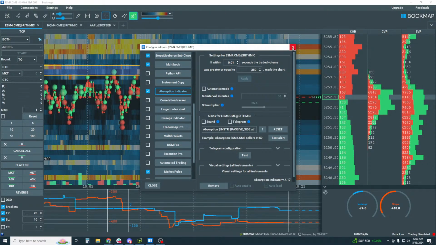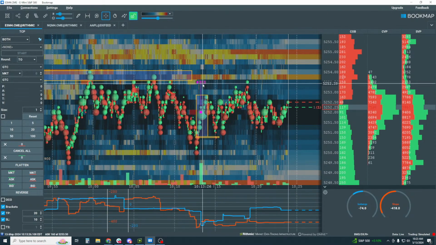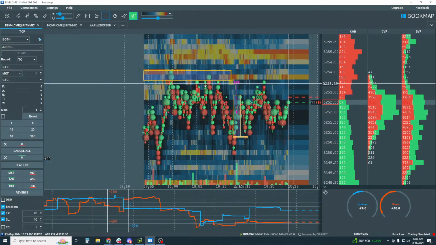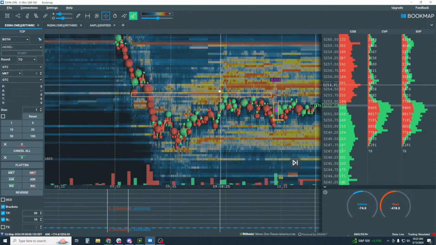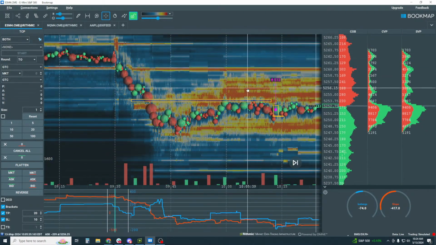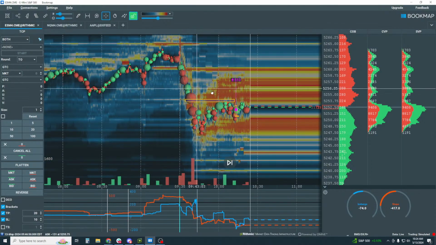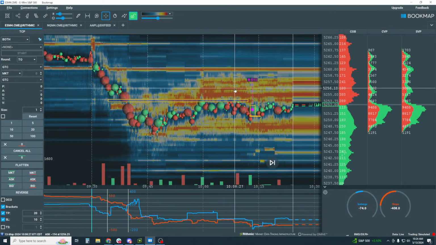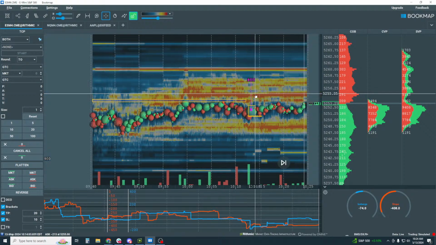That's it. Here's over 500, but we said 350, right? I don't see anything else absorbed or that meets that condition at the moment. Okay, just one.